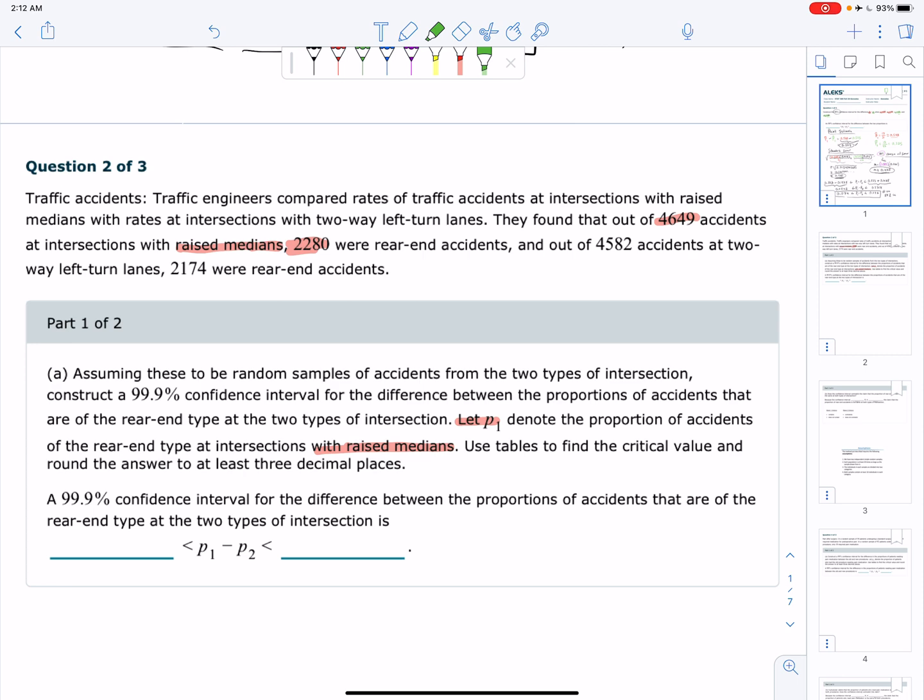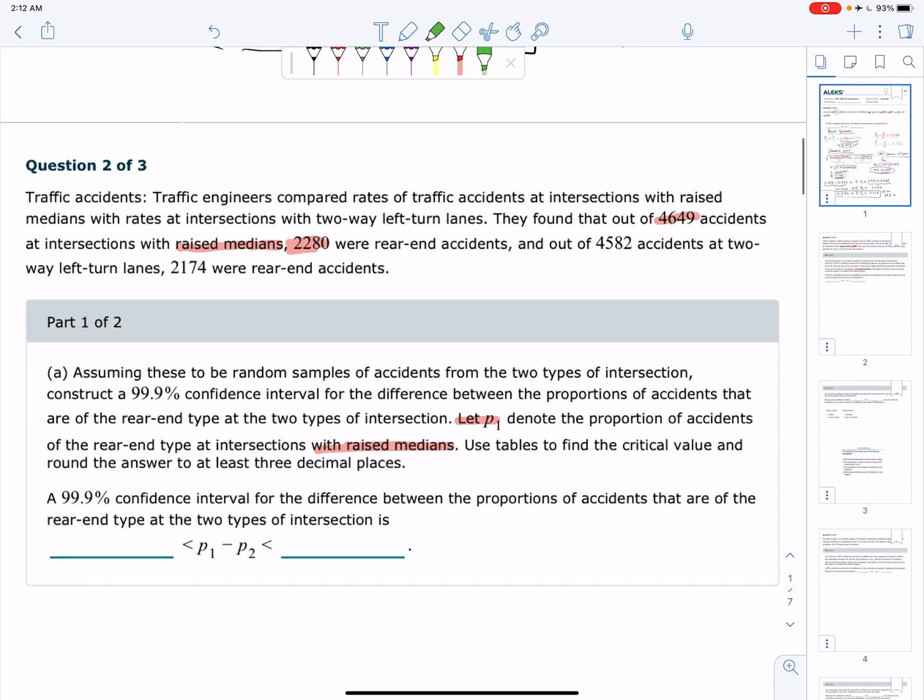And now I'm going to use green for the next. And this is out of 4,582 accidents at what kind? Not the raised medians. This is the two-way left turn lanes. 2,174 were rear-end accidents. Okay, and so let me color coordinate this down here.